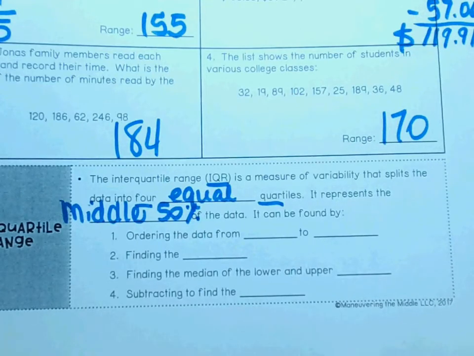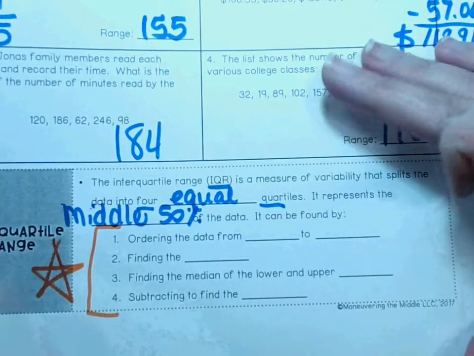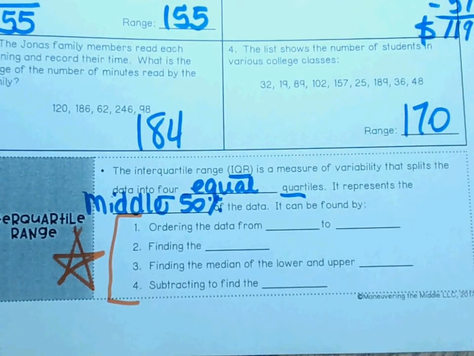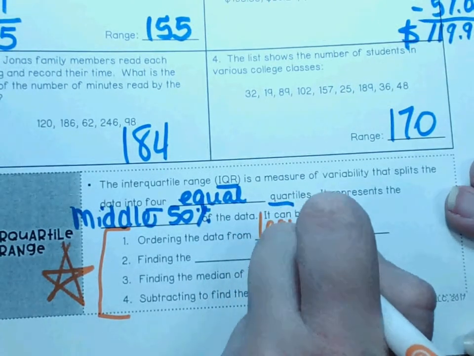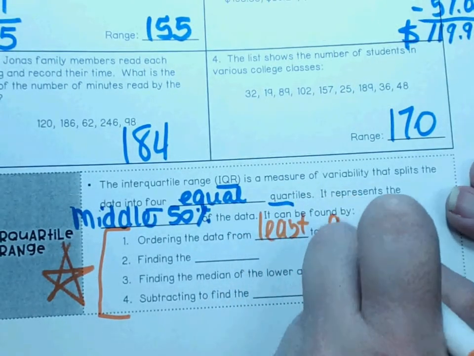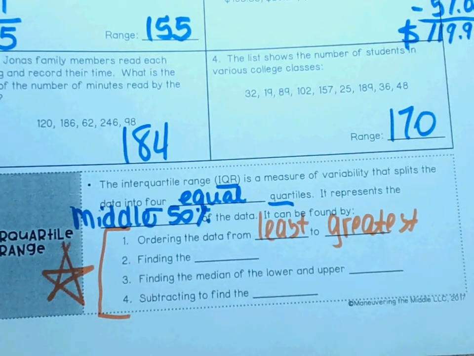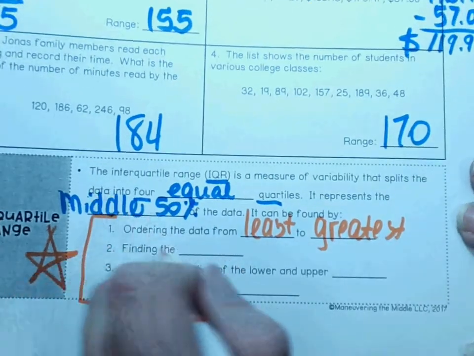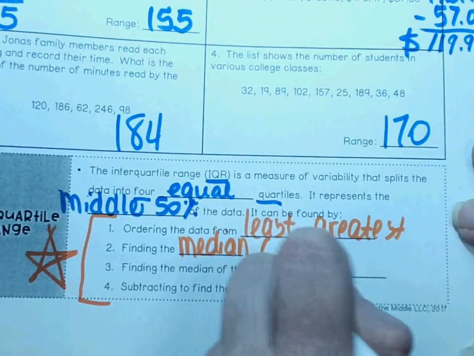Now this next little part where it says 1, 2, 3, 4, I want you to star that or make it stand out because this is the how-to. This is how we find it. It's not hard. The first thing you want to do is order your data from least to greatest, little to big. The second is we want to find the median, which is our middle number.